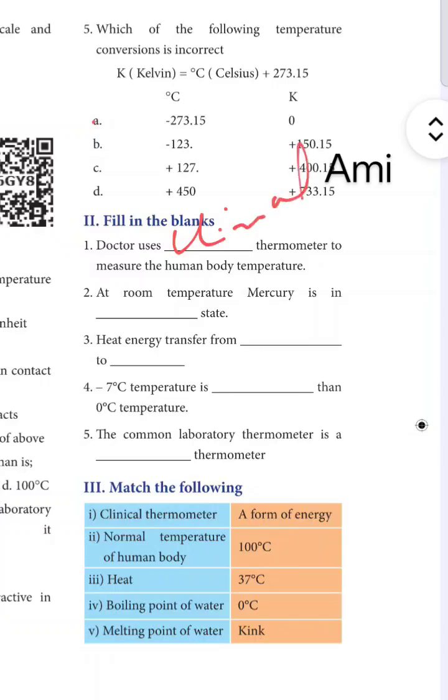At room temperature, mercury is in a dash state, liquid state. Heat energy transfers from dash to dash.